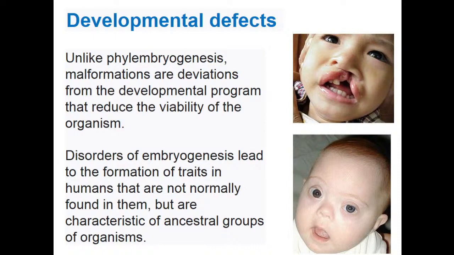Unlike normal embryogenesis, malformations are deviations from the developmental program that reduce the viability of the organism. Disorders of embryogenesis lead to the formation of traits in humans that are not normally found in them, but are characteristic of ancestral groups of organisms.